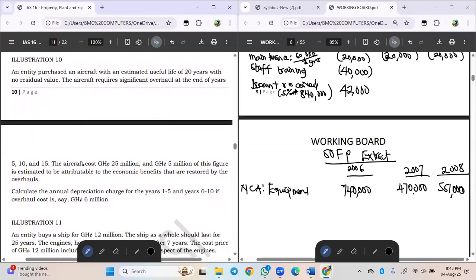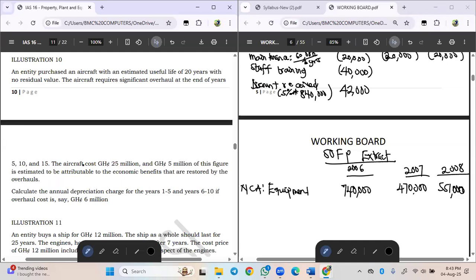So let's look at this particular example, illustration 10. An entity purchased an aircraft with an estimated useful life of 20 years, with no residual value.